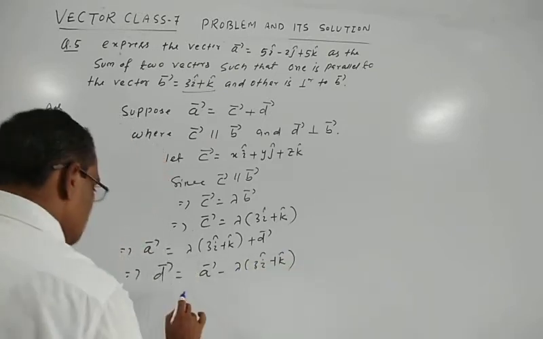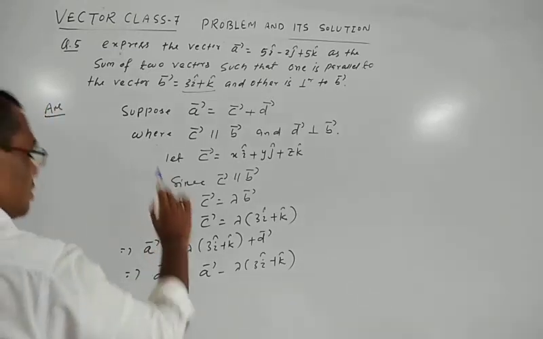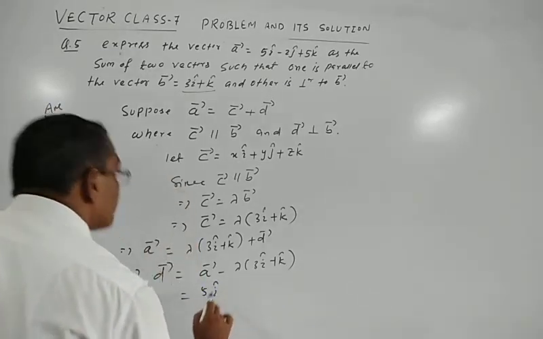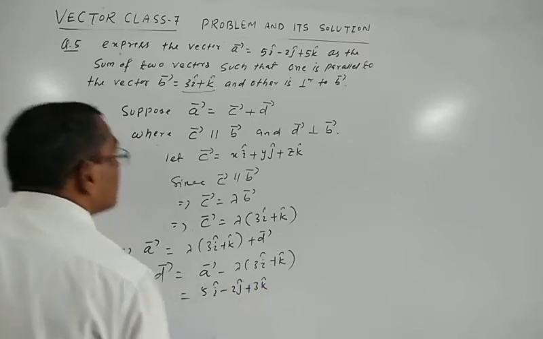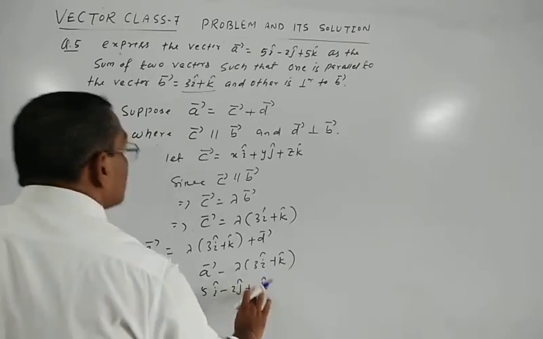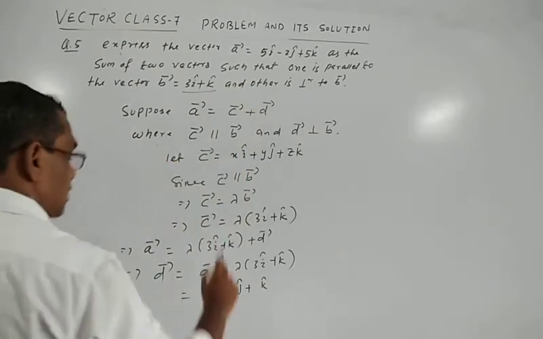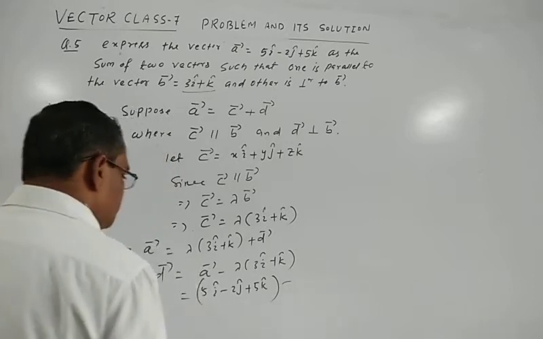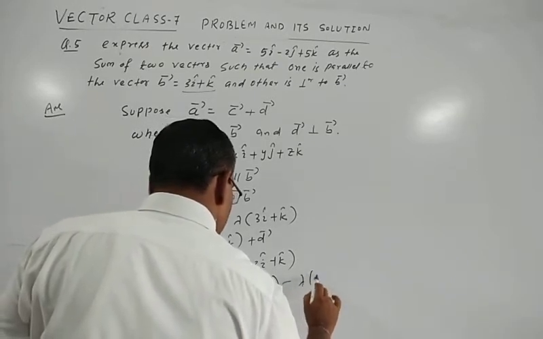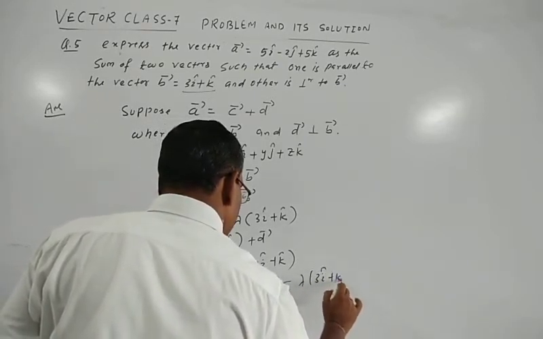A vector is 5i cap minus 2j cap plus 5k cap, minus lambda into 3i cap plus k cap.